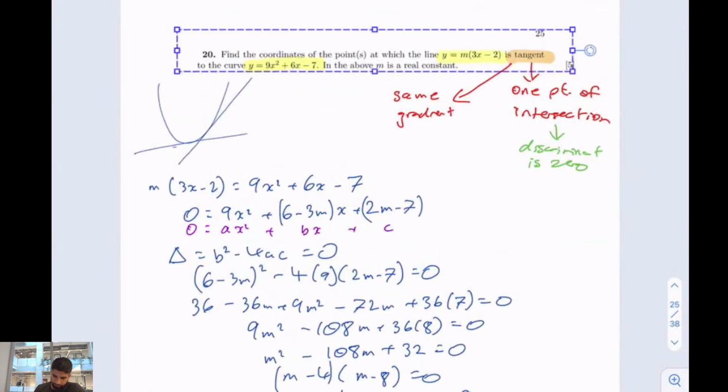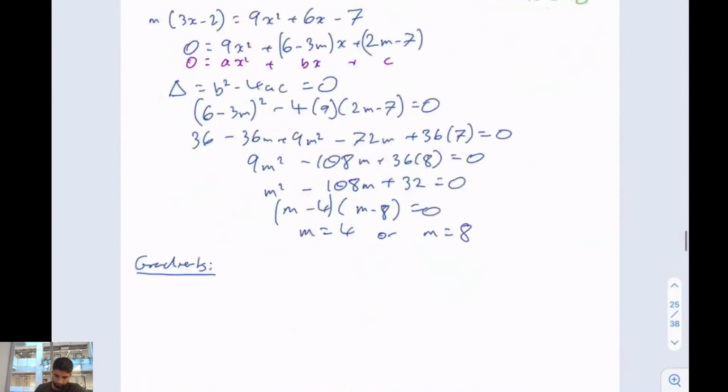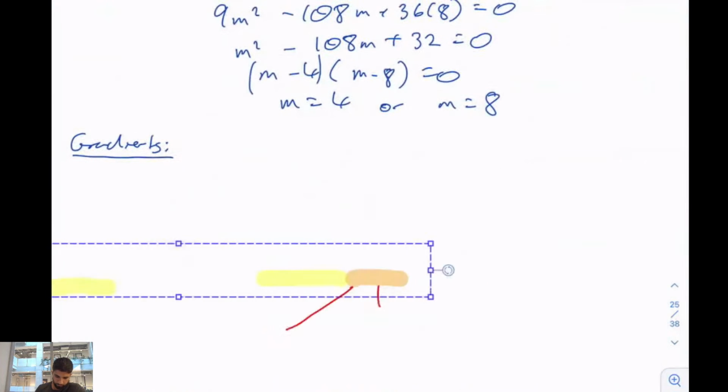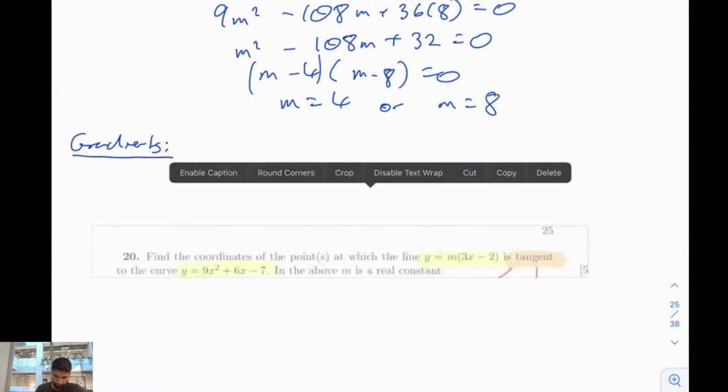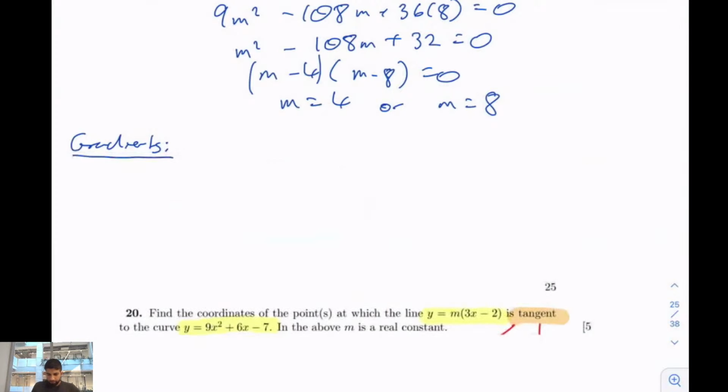Let me just copy this. So the gradient here is, this is y equals 3mx minus 2m. So the gradient of that is going to be 3m. So we have got 3m equal to the gradient of this, you do dy by dx. So that's 18x plus 6.